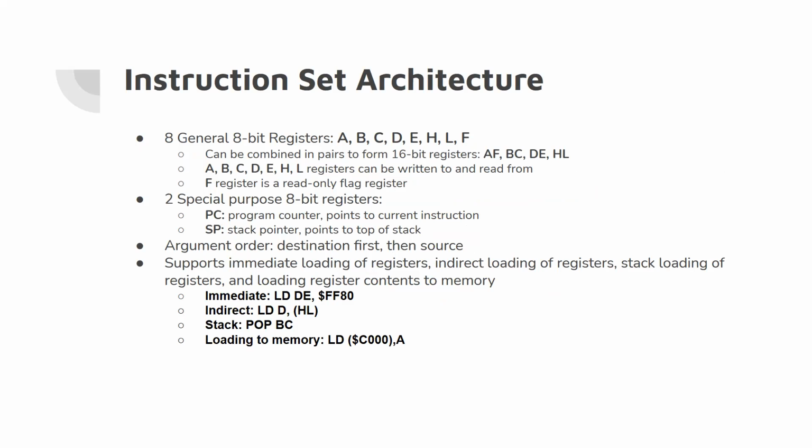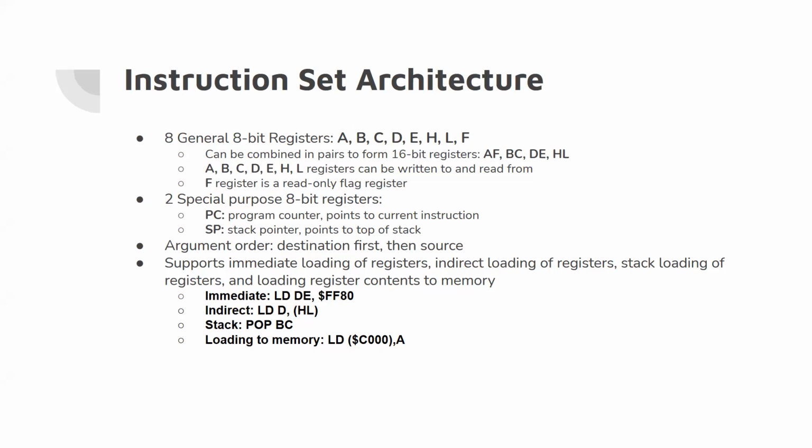In the instruction set architecture for a Game Boy, it utilizes 8 general purpose registers, and those are all 8-bit registers. So those are A, B, C, D, E, H, L, and F. You can combine those registers to form 16-bit register pairs.